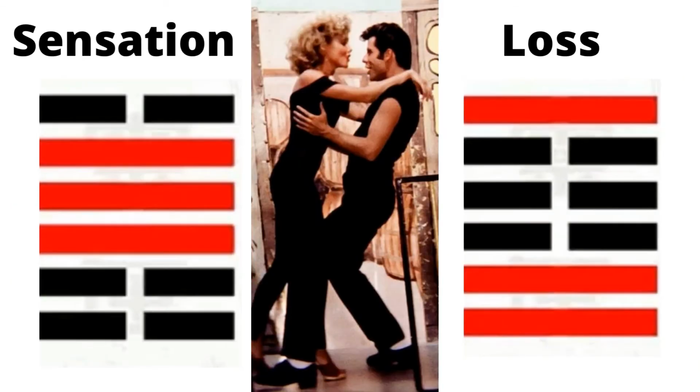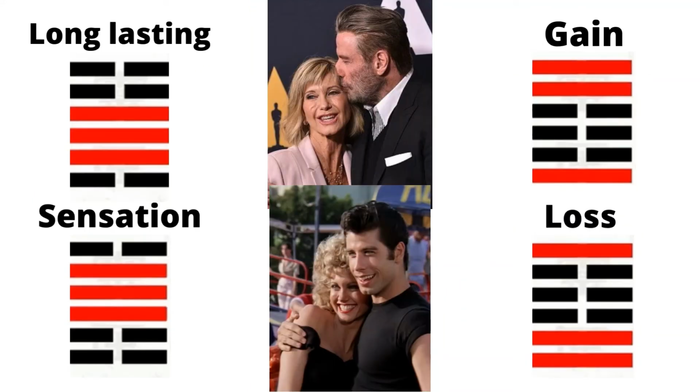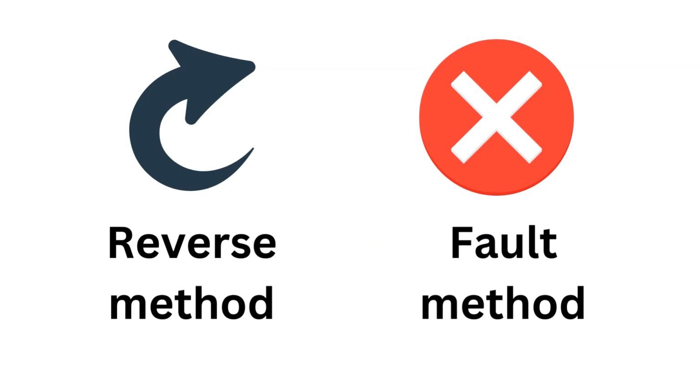The image of a young couple is used to describe sensation and loss. Somehow, we see some interrelated elements among these four hexagrams. Gain and loss, long-lasting and sensation. There is a special relationship between them. In the Book of Change, there are two common approaches to interpreting hexagrams: the reverse method and the fault method.